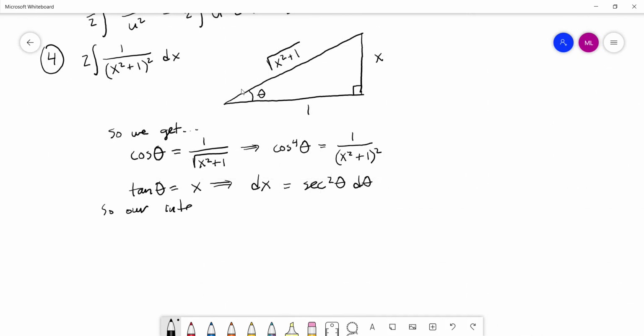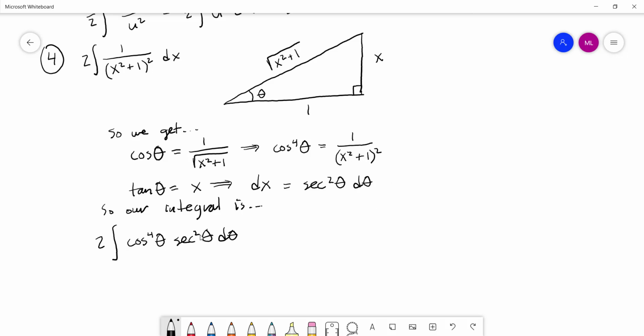Our integral is, got that factor of 2, don't want to forget that, times the integral of dx, so dx times this piece. Here's this piece, here's dx, it's going to be the product of those two pieces. So cosine to the 4th of theta, secant squared of theta, d theta.